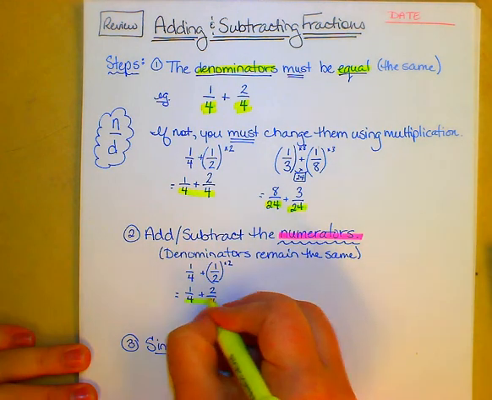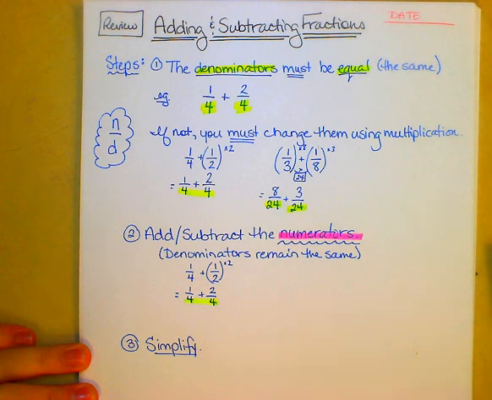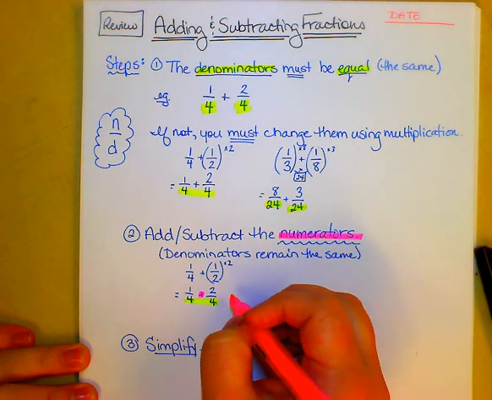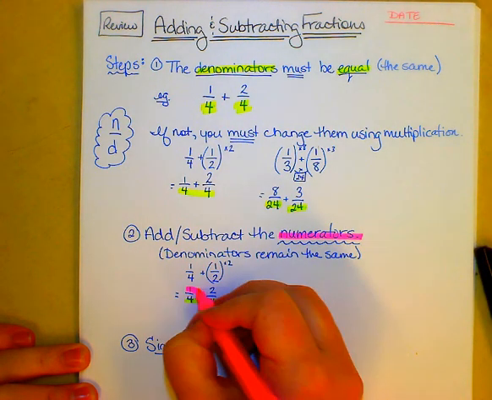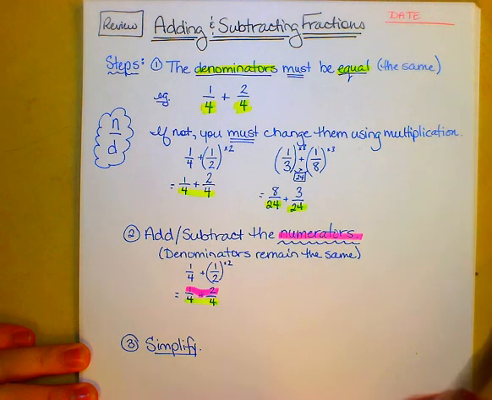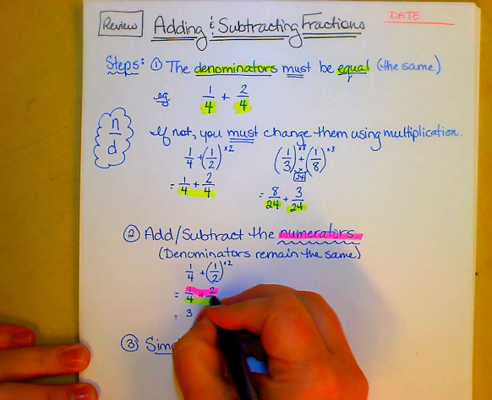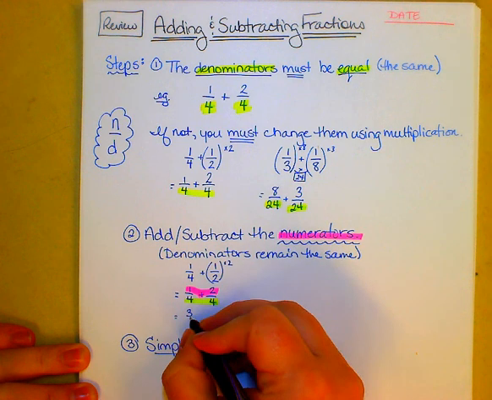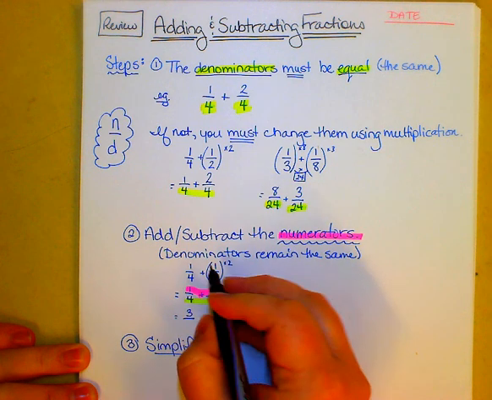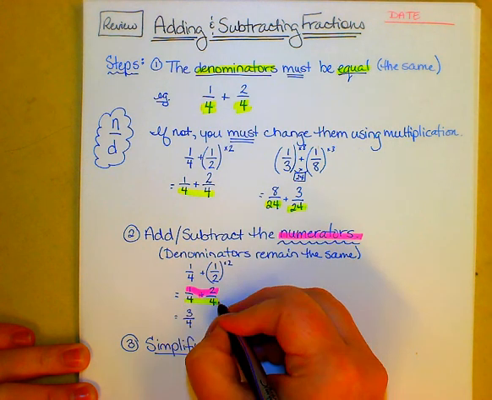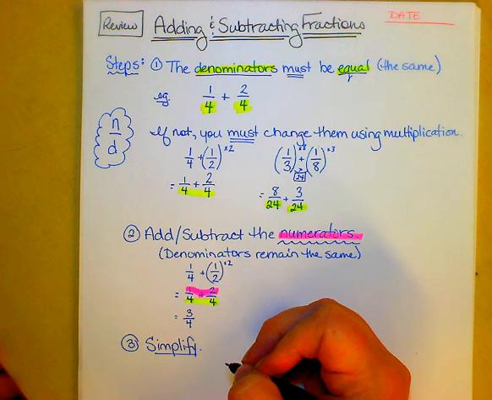My denominators are the same, so now I'm going to add my numerators because I have an addition sign here. 1 plus 2 equals 3 over. My denominators stay the same. So my denominator was 4 here, so it's going to continue to be 4.